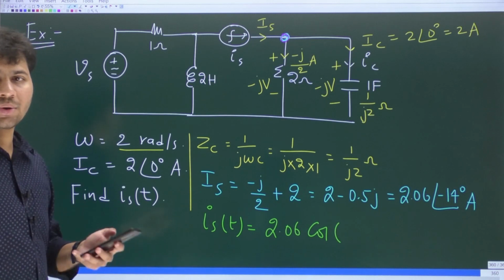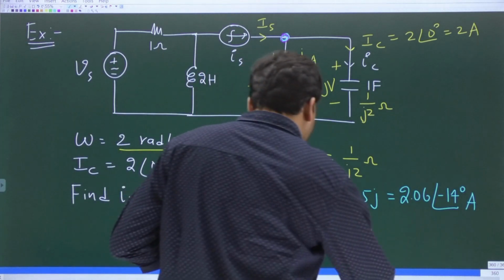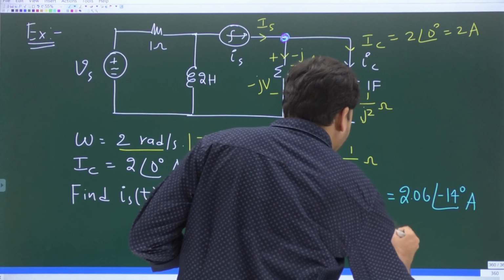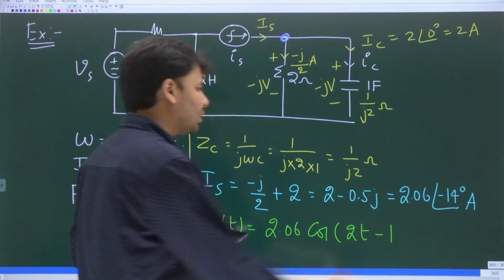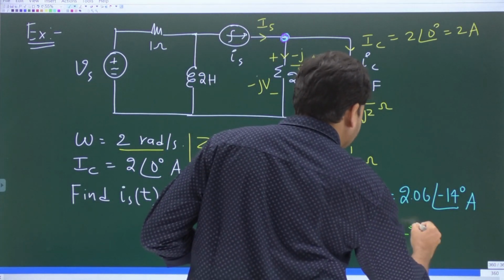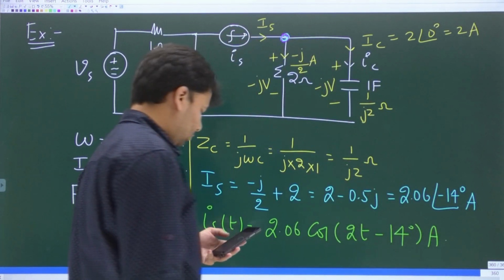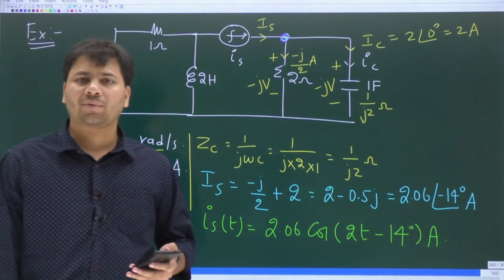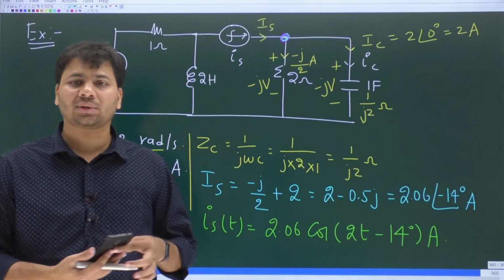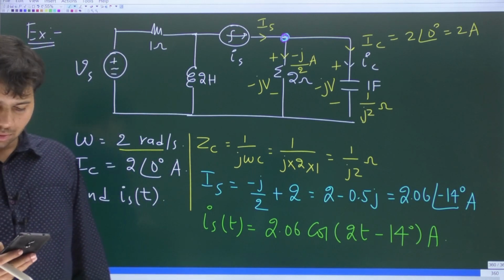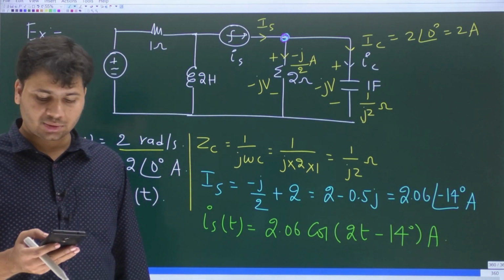So omega t is going to be 2t. Yes. So 2.06 times cos of 2t, and then you add whatever is the phase angle, which is minus 14 degrees amperes. I hope all of you got the same expression for is of t. 2.06 cos 2t minus 14 degrees amperes.